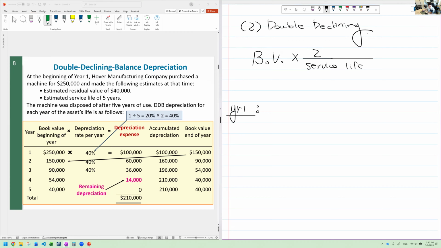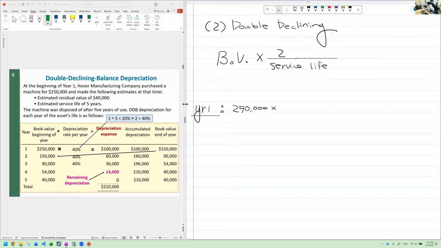The book value in year one is basically the purchase price, since it's the first year that you purchased the asset. So the purchase price or the book value, $250,000. We are going to multiply this by 2. Let me give myself a little space here.